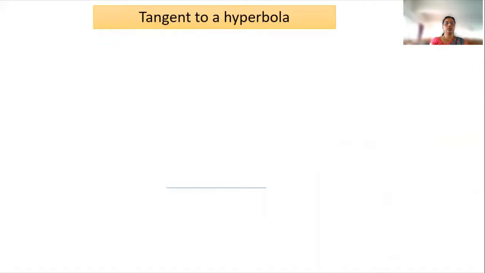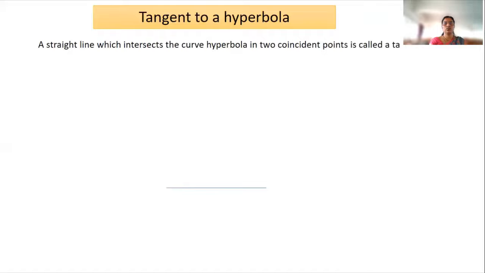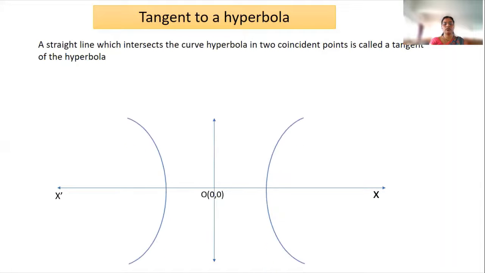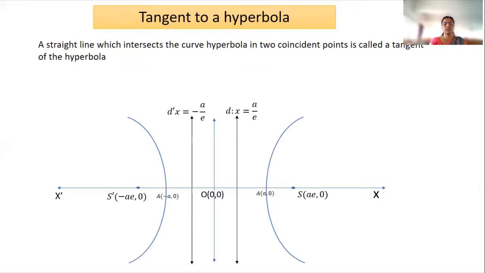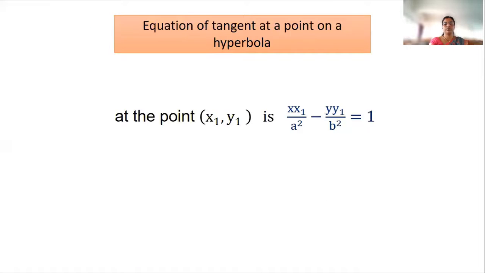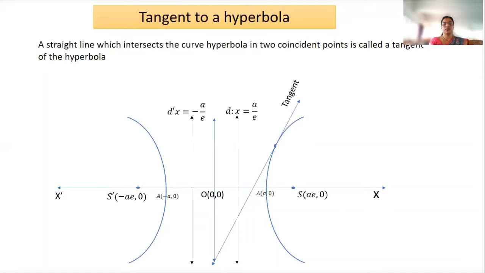Now tangent to hyperbola. Tangent to the hyperbola is a straight line which intersects the curve hyperbola in two coincident points, and is called the tangent of the hyperbola. Consider the hyperbola with foci S, S dash and directrices D, D dash. Then this line is the tangent of the hyperbola.